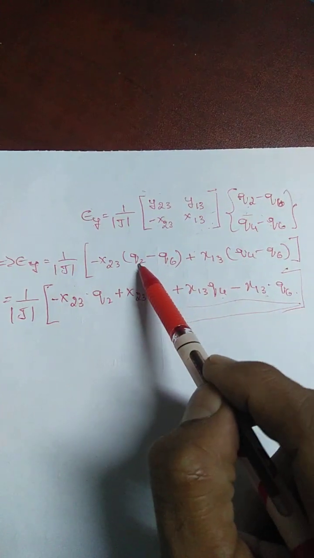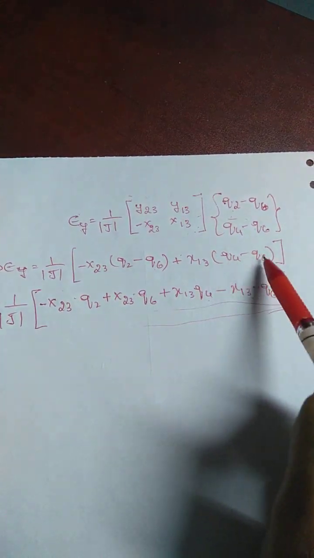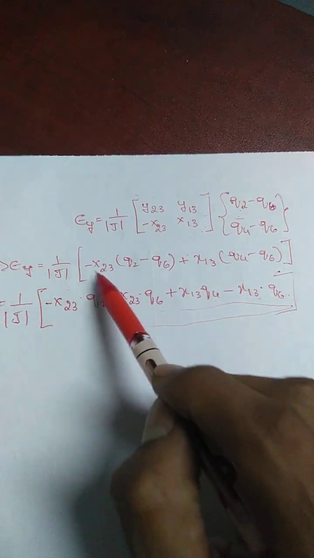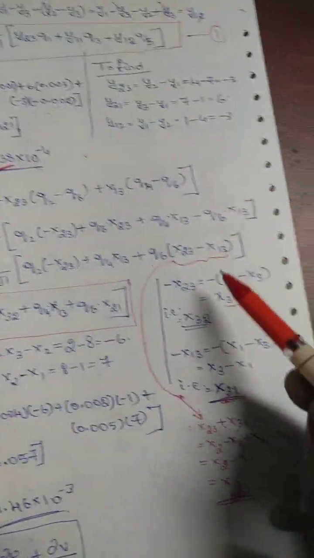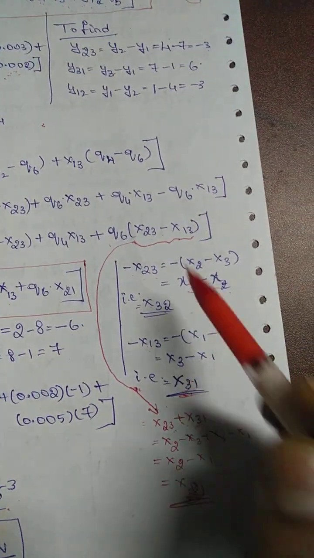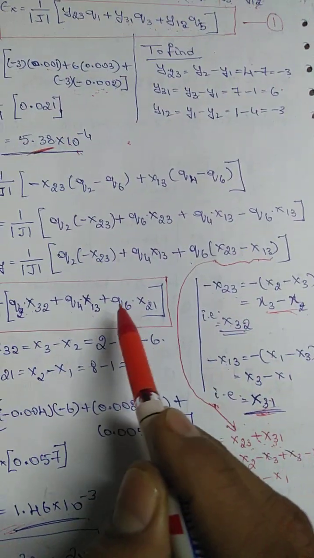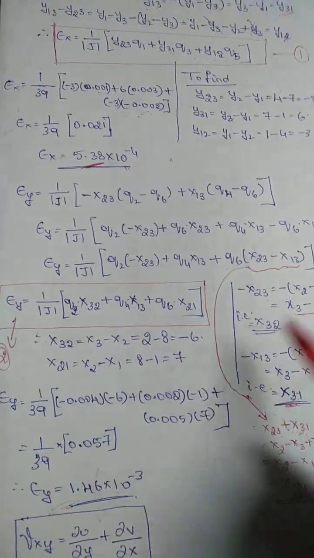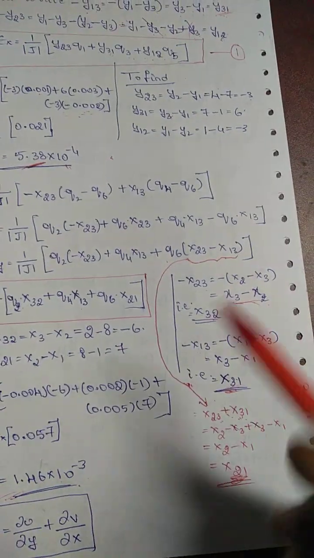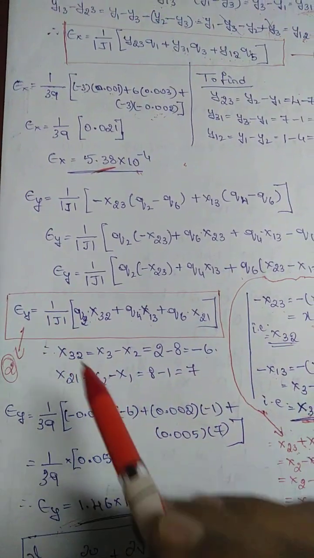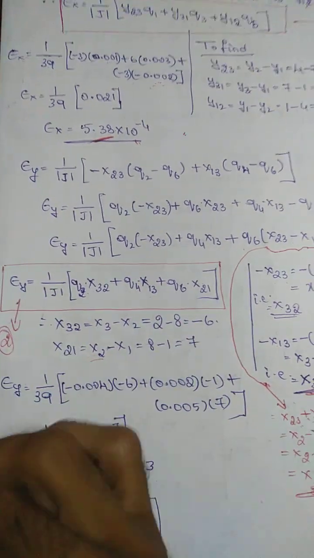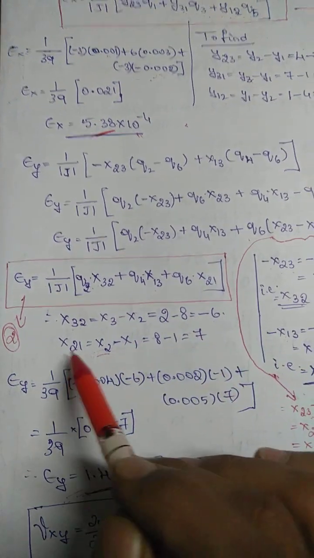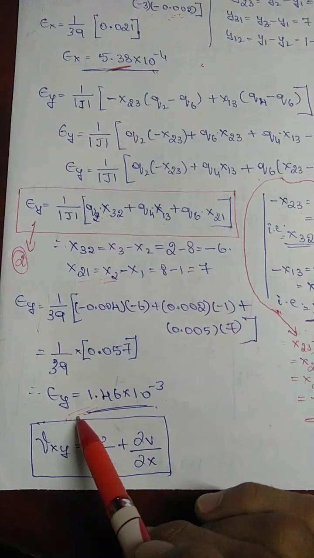Simplifying, bring q2 q6 and q4 q6 outside, multiplying with the x13 and this one. Similarly you have to carry out and avoid the negative sign. For that I have done some necessary step here, to get the positive sign. See this, similar to epsilon x. After simplifying, substitute similar to epsilon x, and you will get this epsilon y value.